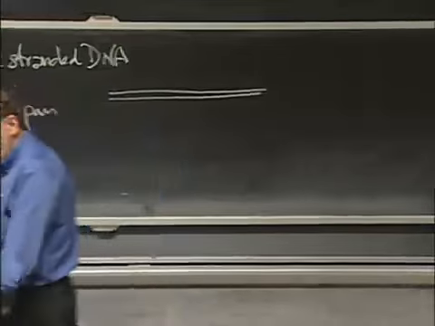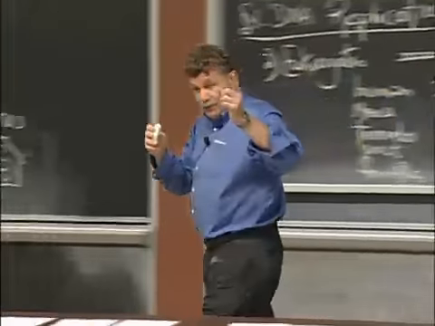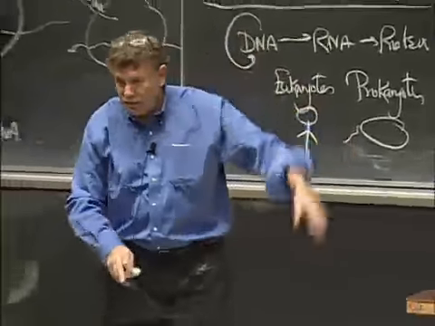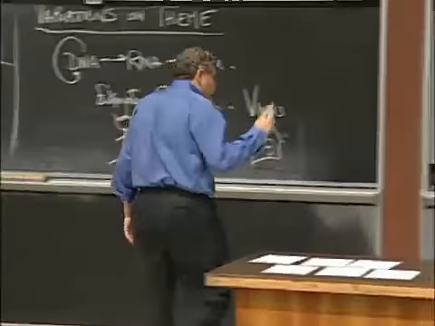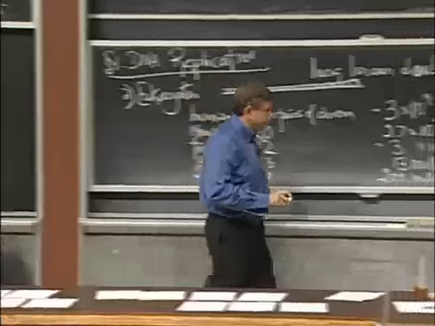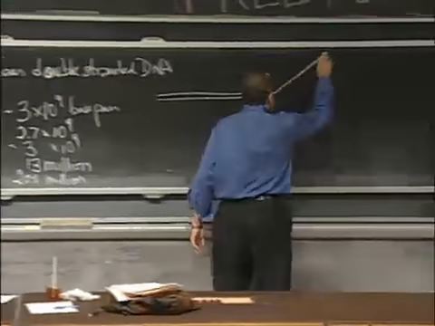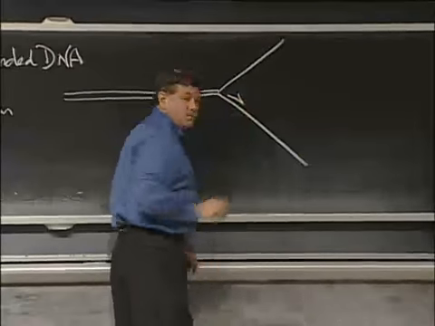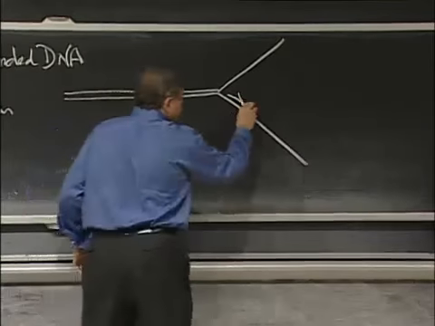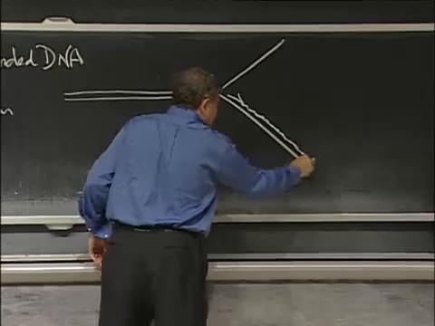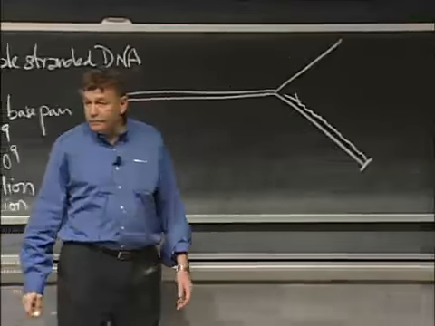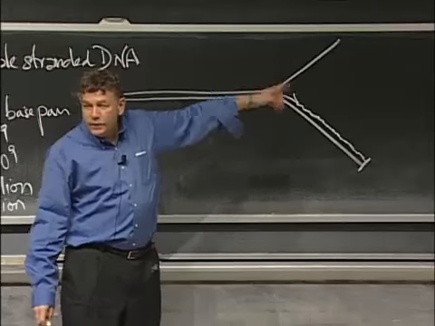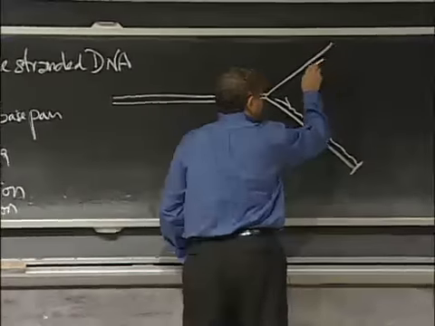Well, we told you, we open up a bubble, we start making little primers. Primase makes primers, you extend it, it's all just fine. Except in one place, the end. Primase makes a primer, continues to the end, no problem. What happens out there at the end? Suppose primase sits down here.